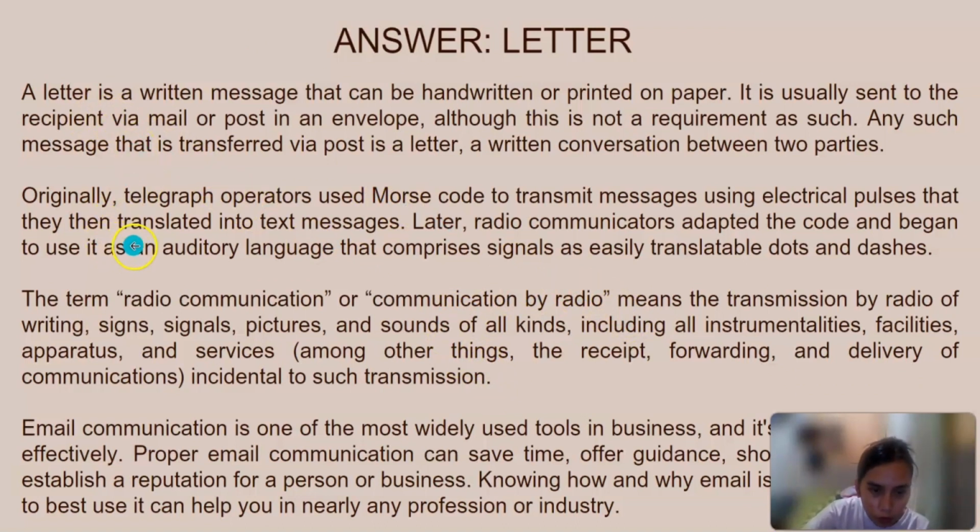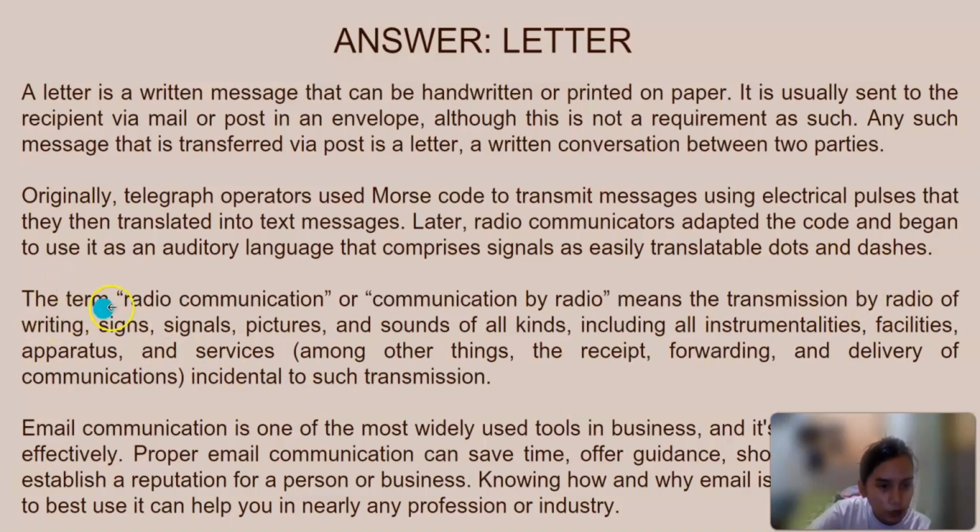And also, for Morse code, originally, telegraph operators used Morse code to transmit messages using electrical pulses that they then translated into text messages. Later, radio communicators adopted the code and began to use it as an auditory language that comprises signals as easily translatable dots and dashes.